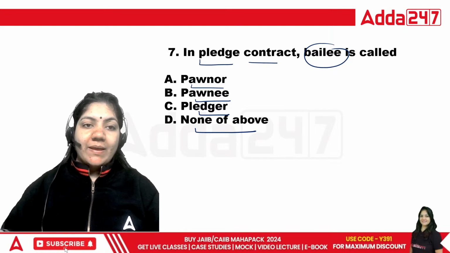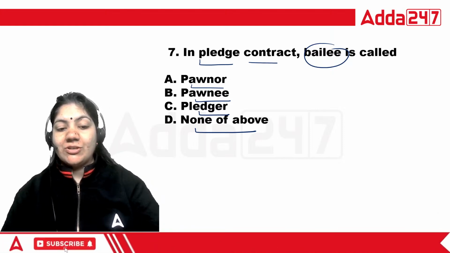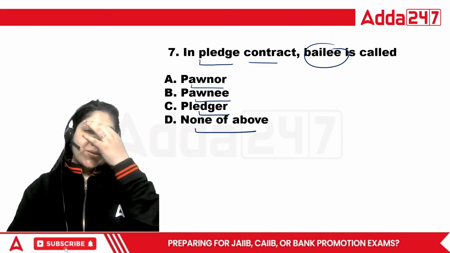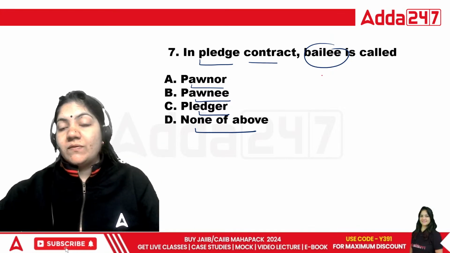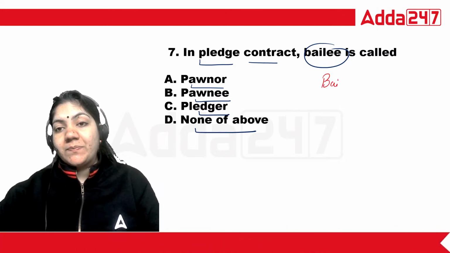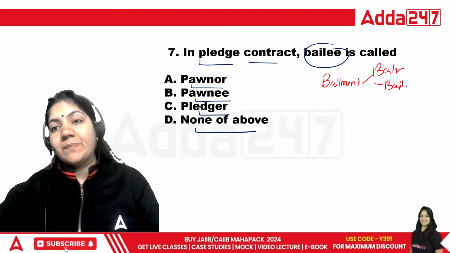So in the pledge contract, the bailee is called pawner, pawnee, pledger, or none of these. In the special contracts, you have to understand the parties' names. If I talk about the term bailment, there is a bailor and there is a bailee.